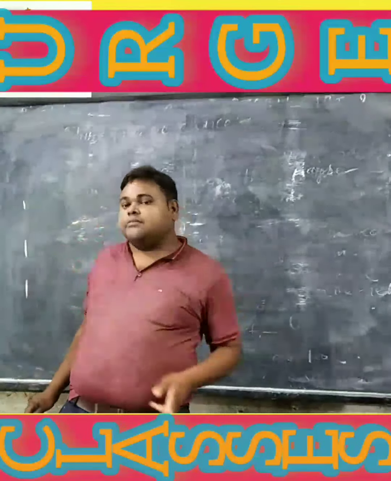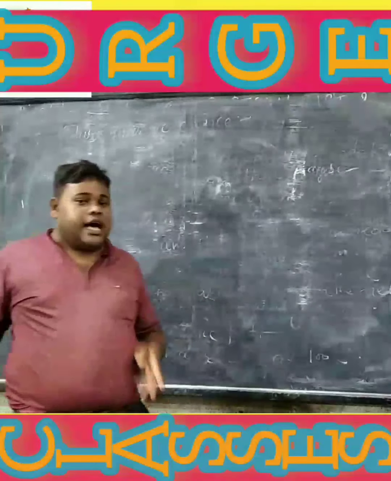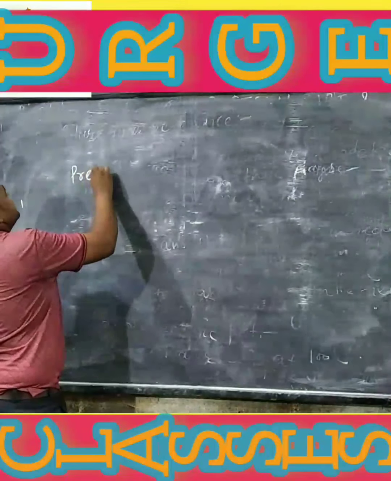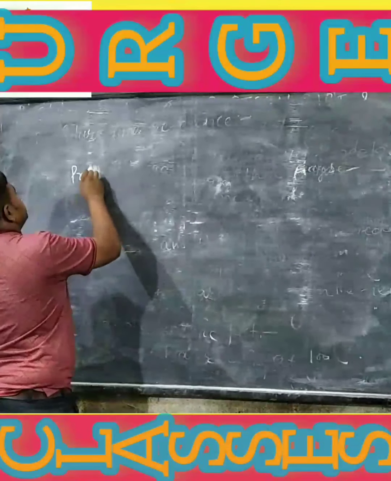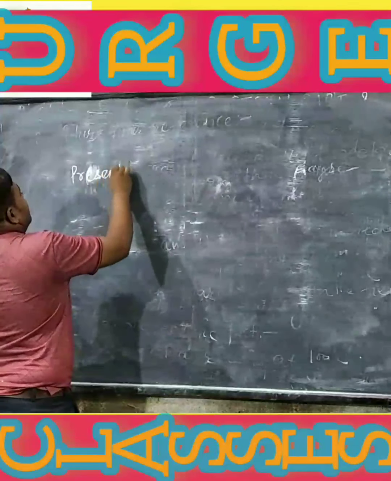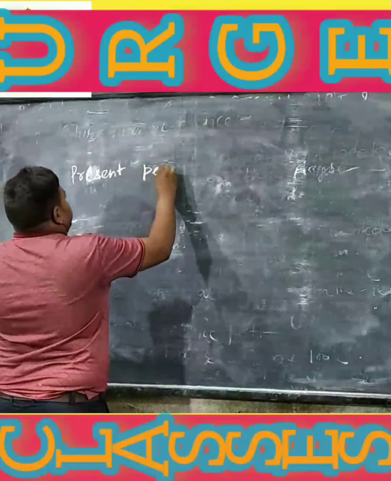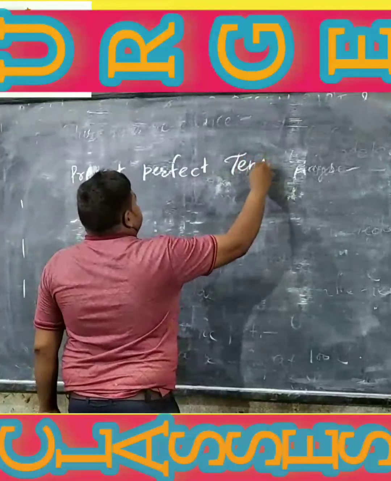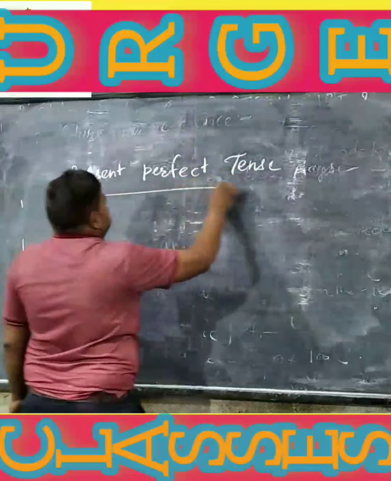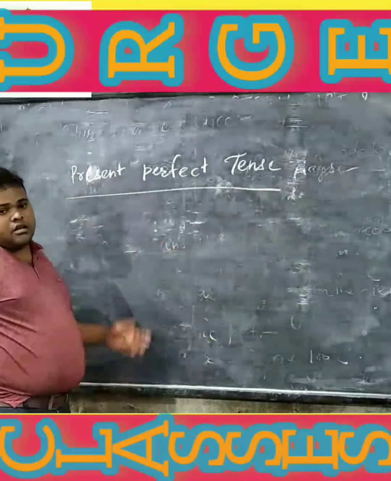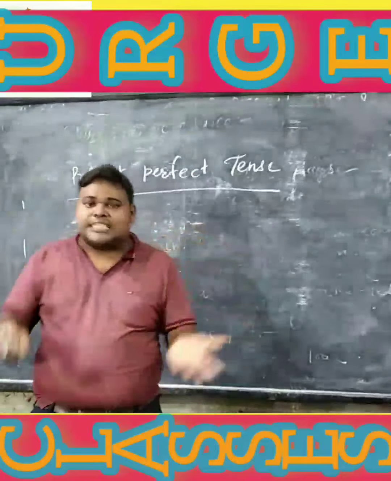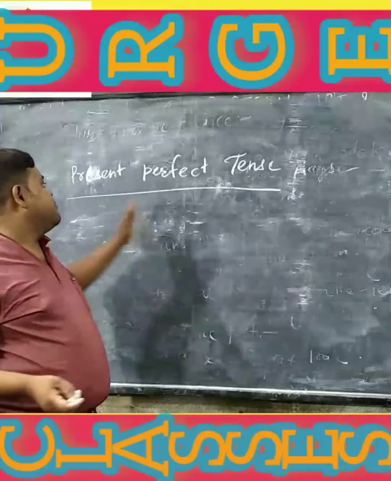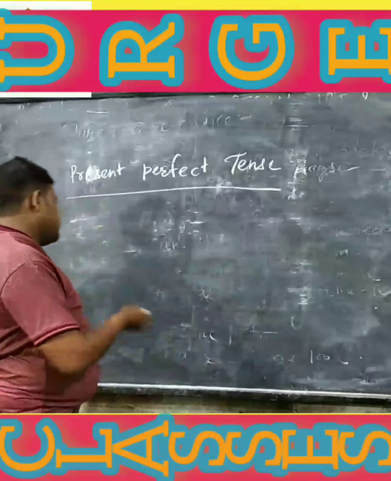Now after describing these two, the third one I am going to express is present perfect tense, which is used when an action has been recently completed. In such a way, we apply present perfect tense.